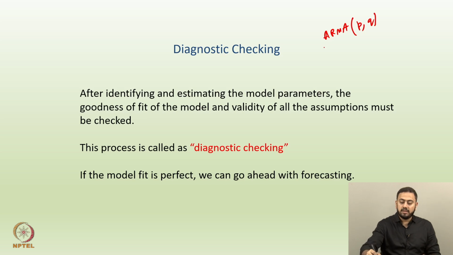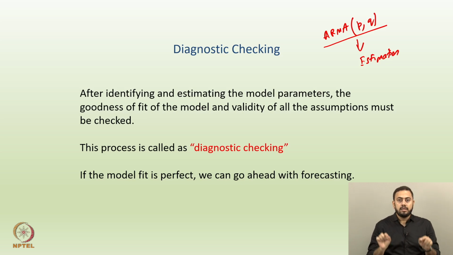Once you identify the orders, we talked about estimation, and within estimation we covered broadly two ideas: method of moments and MLE. Method of moments means that, depending on how many parameters you want to estimate in the underlying model, you create that many equations based on the population parameters and their sample versions.